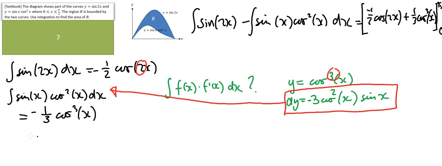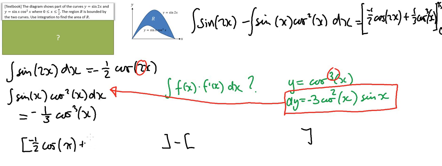Okay, so now we've got our integral. We'll go to brackets: one bracket minus the other bracket. I'm going to substitute pi over 2 into the first one. So I've got minus 1/2 of cos 2x. Well, x is pi over 2, so that's just pi.